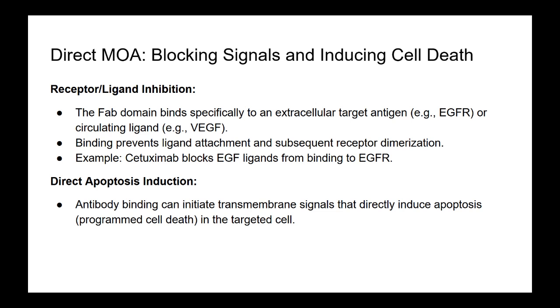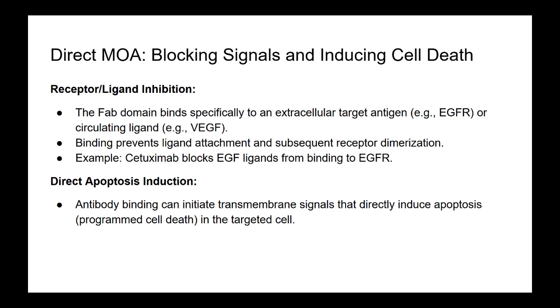Monoclonal antibodies are often engineered to interfere with intracellular signal transduction pathways by targeting components outside the cell. One way they do this is through receptor and ligand inhibition. The Fab region of a monoclonal antibody binds specifically to a target antigen on the surface of cells or to soluble ligands.